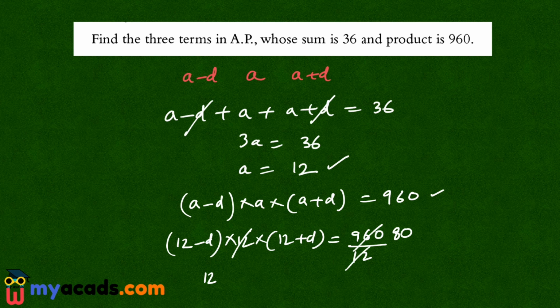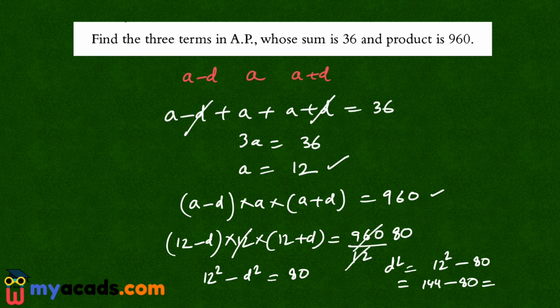So 12 square minus d square is equal to 80. This will become d square equals 12 square minus 80. 12 square is 144 minus 80. This will become 64. It means the value of d is plus minus 8.